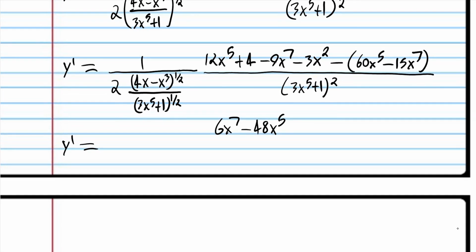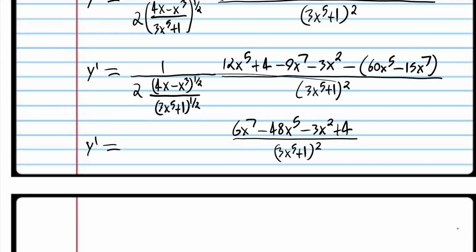And then we have negative 3x squared plus 4. So we took care of these. We got all that condensed. And that's all divided by 3x to the 5th plus 1 squared.